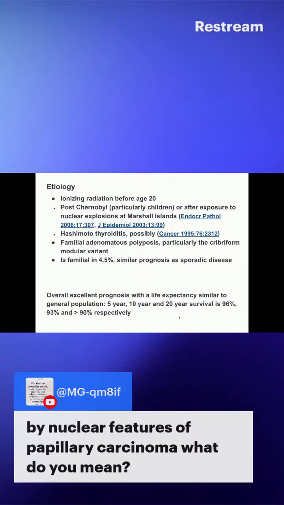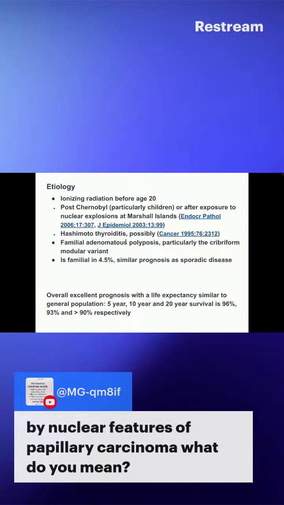So the most important cause is this: ionizing radiation before the age of 20. They discovered that post Chernobyl incident, one in four cases diagnosed with thyroid cancer were due to this incident. So one in four resulted in papillary thyroid carcinoma, which is a very big number, especially if they are children.